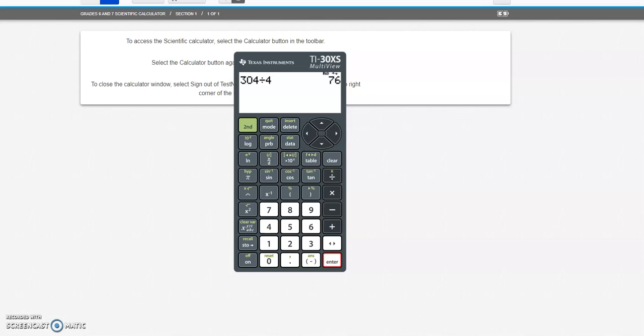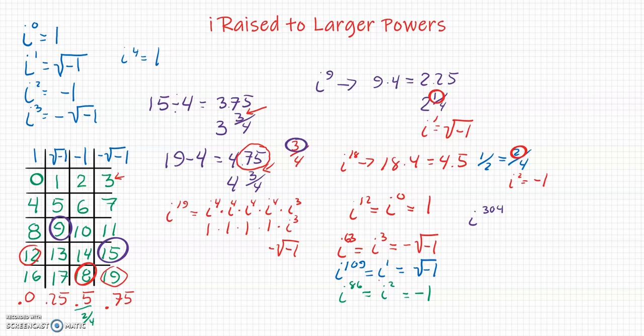The calculator says 76. No remainder, no decimal. So that means it's technically 76.0, which is the same thing as i to the 0. Any number except 0 raised to the 0 is 1. All right, if you have any questions, just post them.